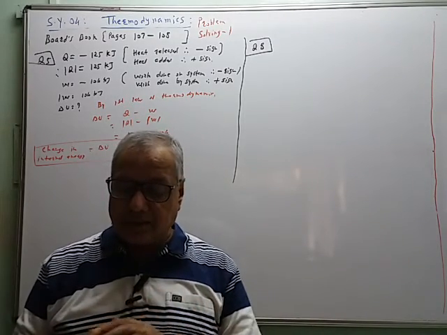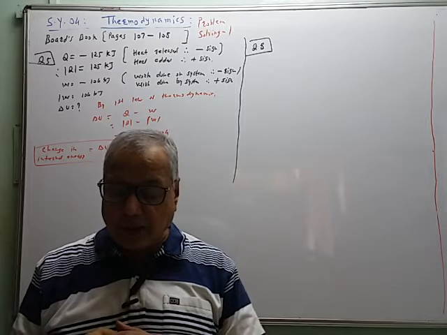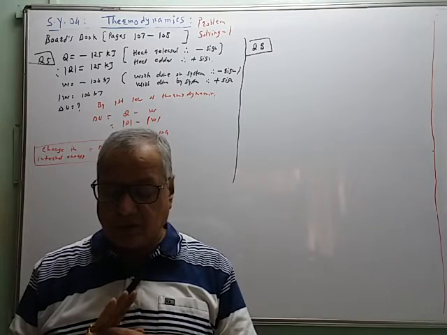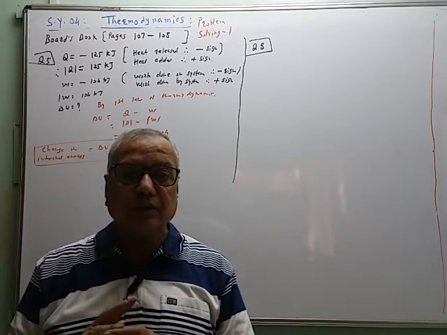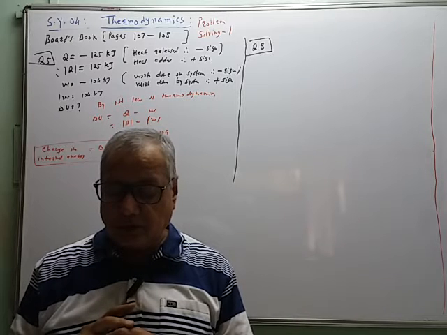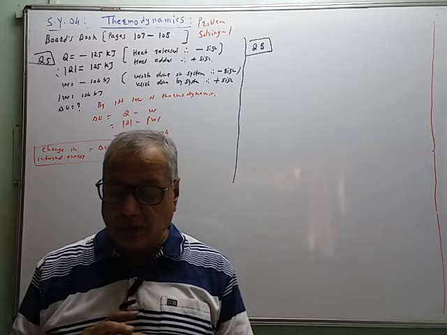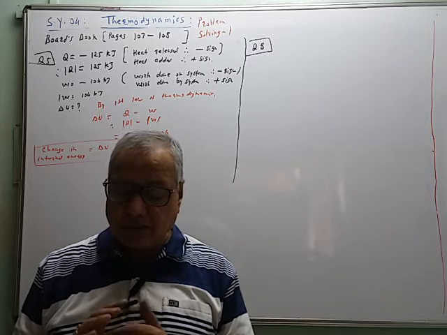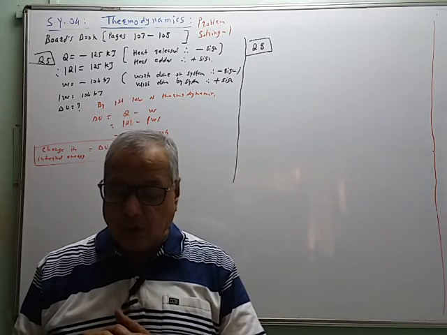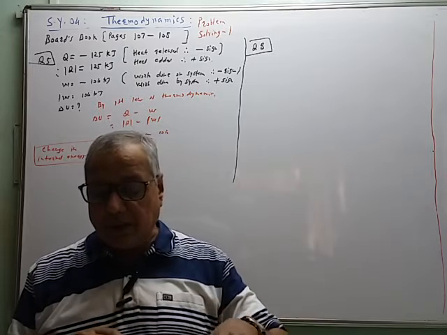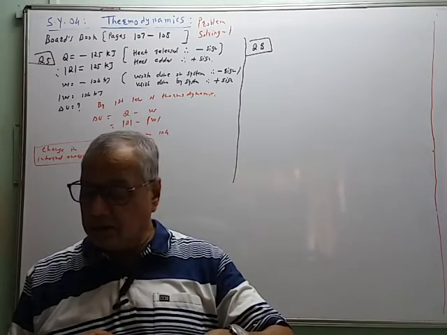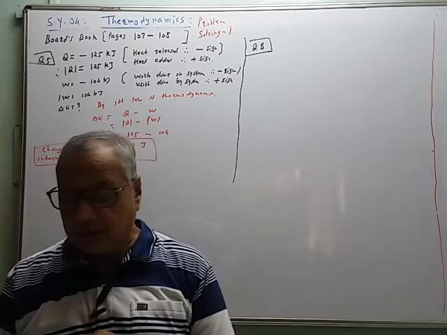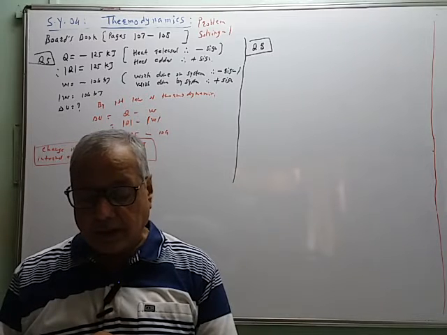An ideal gas is taken through an isothermal process. Isothermal process means delta T is equal to 0, delta U is equal to 0. If it does 2000 joule of work on its environment, so work done by the system plus sign, how much heat is to be added?